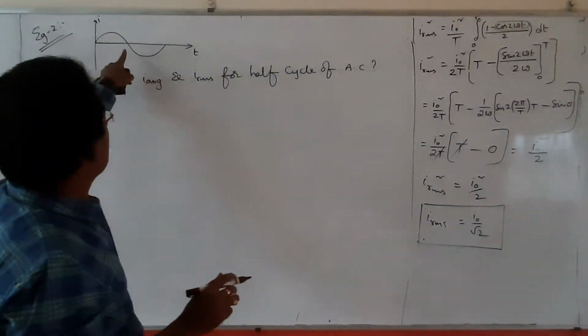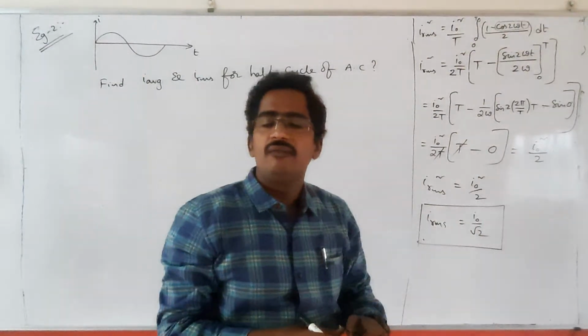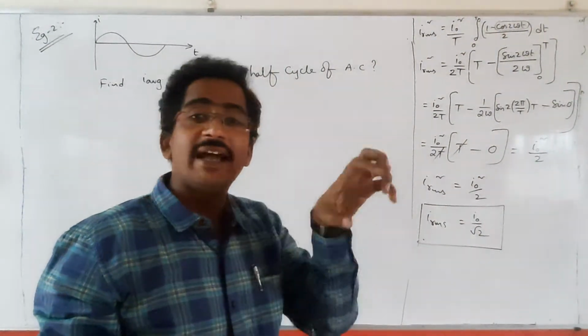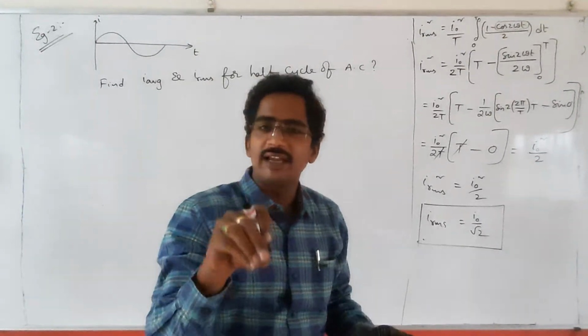So only for half cycle we are going to find both, but in the earlier problem we calculated I average and IRMS for the full cycle of AC. Now we are finding it for half cycle of AC.